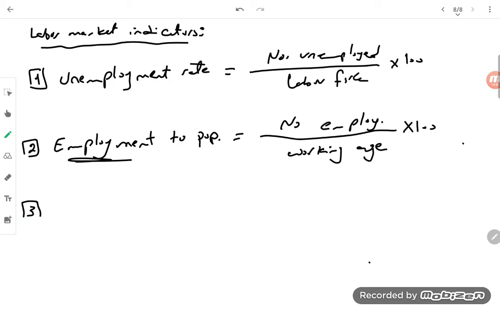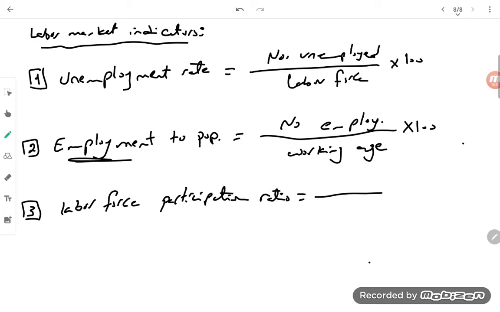Number three, labor force participation ratio, which is calculated as labor force divided by working age group multiplied by 100.